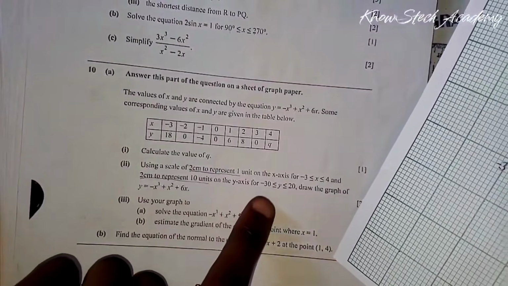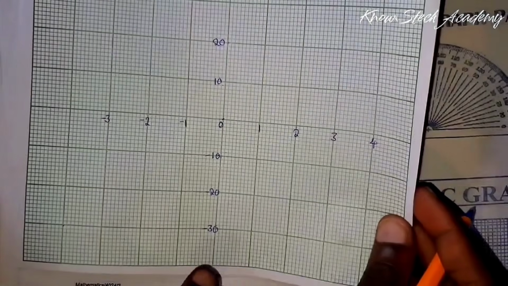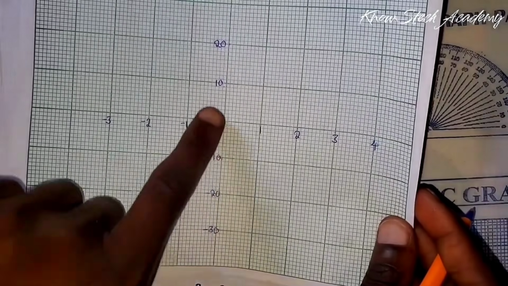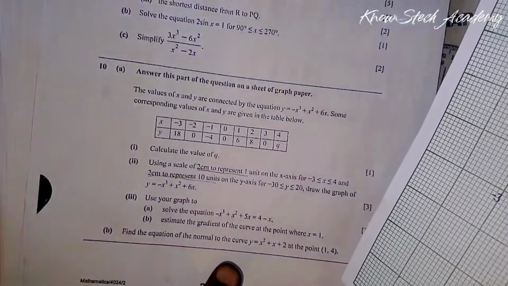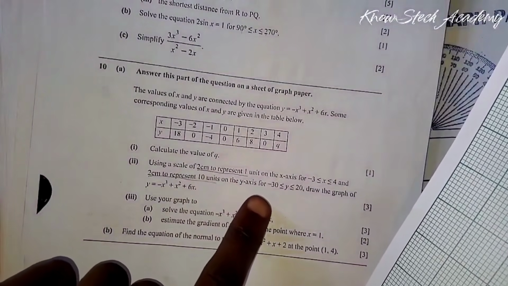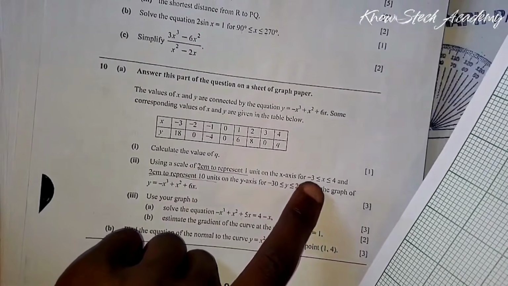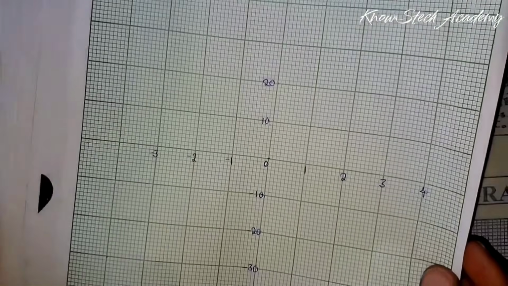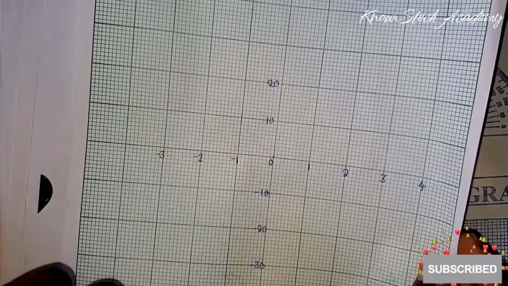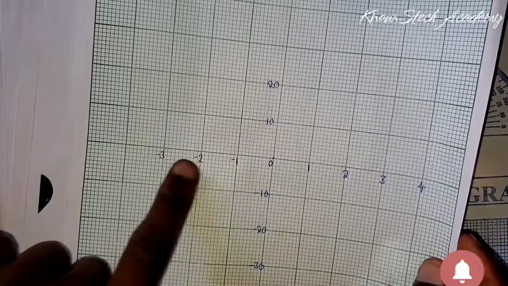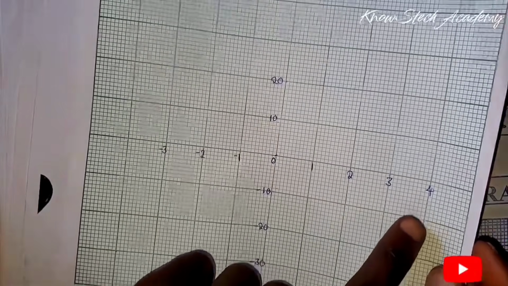I think this is what is here. Let's check. 2 to represent 10 units on the y-axis, negative 30 to positive 20, like this. Then, what else do we have? 2 to represent 1 unit on the x-axis, from negative 3 to positive 4, like this.